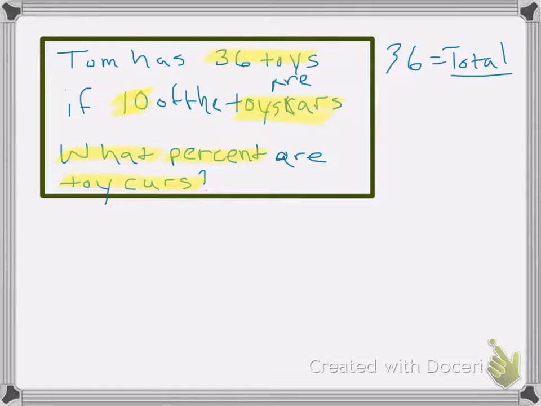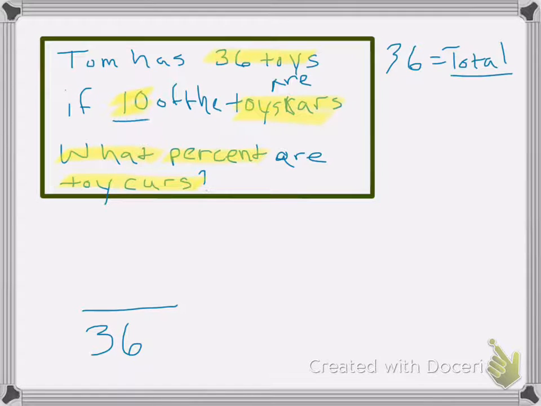If it says total, do you think that is a part or a whole? Hopefully, when you hear the word total, you understand that it means everything. So total is actually your whole. Since he has a total of 36 toys, that's my whole. So on my fraction, I need to have 36 on the bottom.